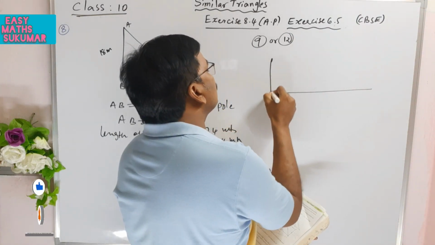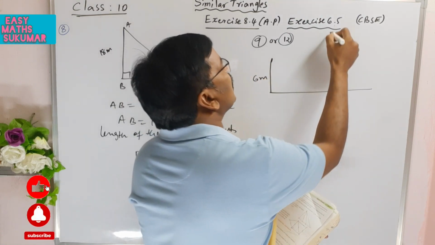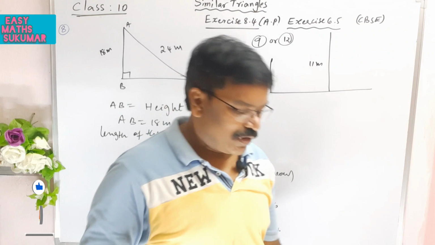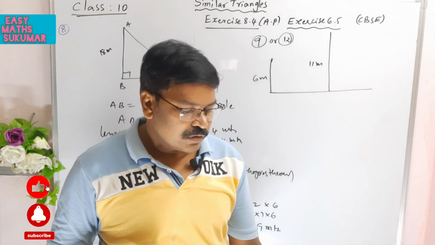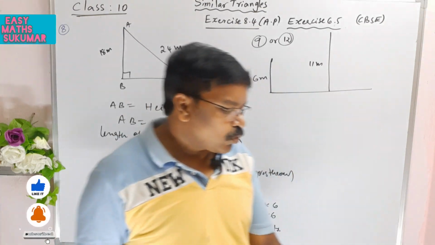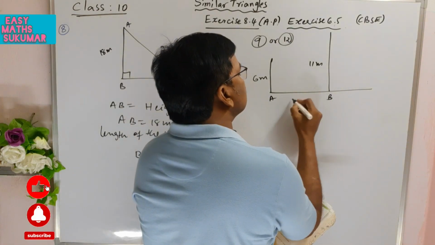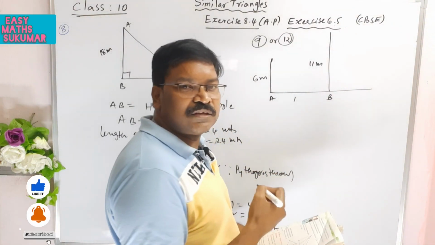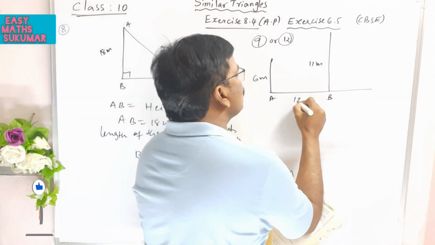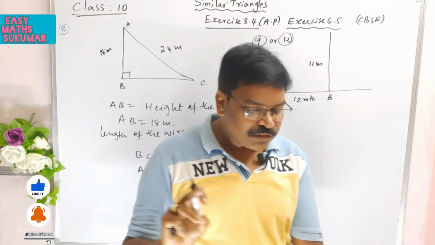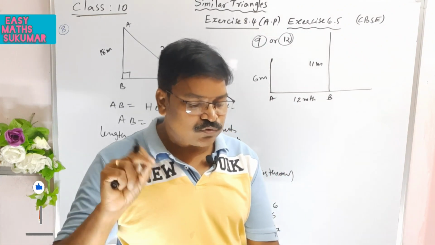There are two poles, one is 6 meters and the other is 11 meters, both standing on the plain ground. If the distance between the feet of the poles is 12 meters, A and B are the bottoms, so 12 meters.